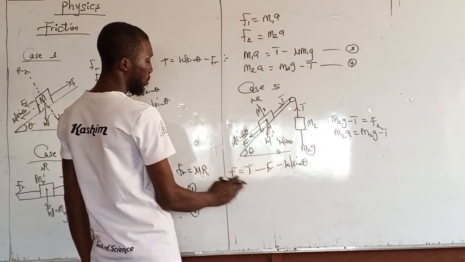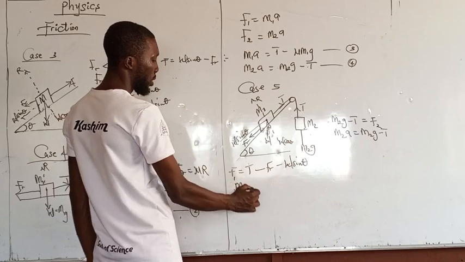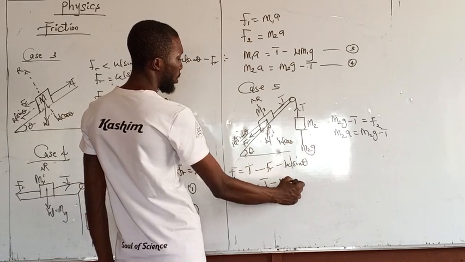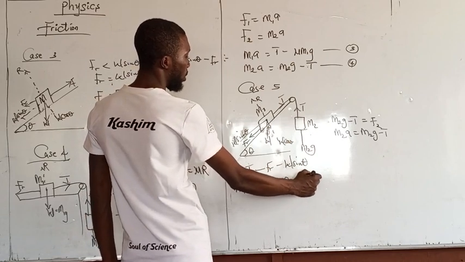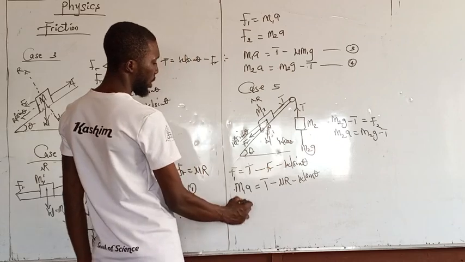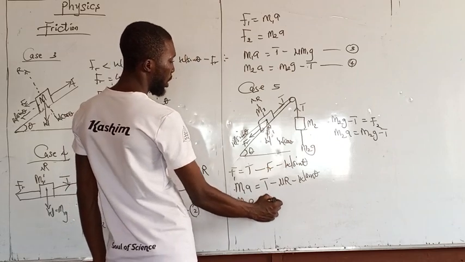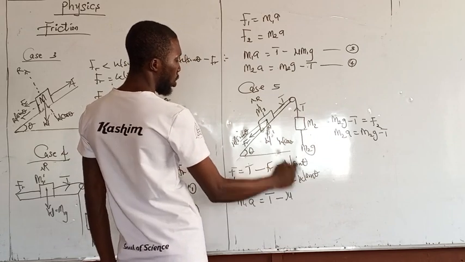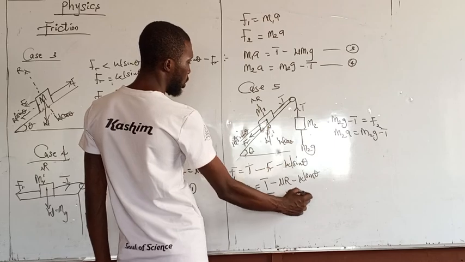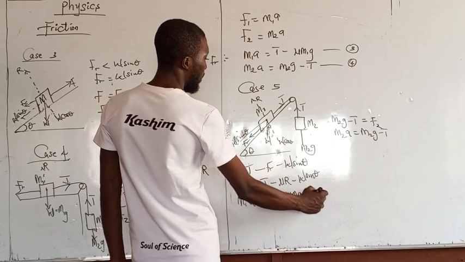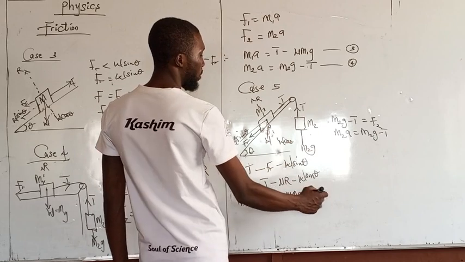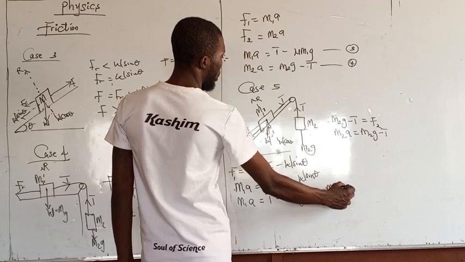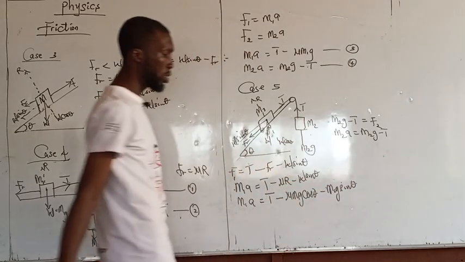So F1 now, which is M1A, will now be equal to tension minus frictional force, mu R, minus W sine of theta. So that our M1A becomes tension minus coefficient of friction times normal reaction, W cosine of theta, and our W is M1G, so M1G cos theta, minus W sine of theta, that is M1G sine of theta. You see the changes in this one.